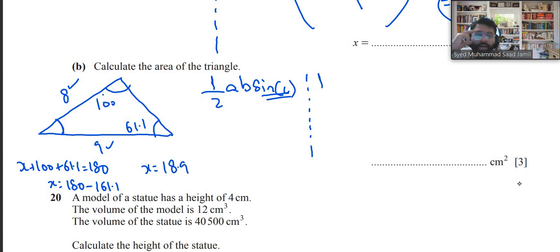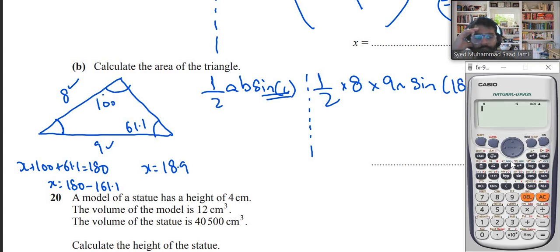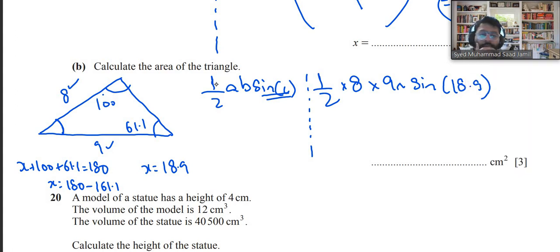So now I will say half multiplied by 9 multiplied by 8 multiplied by sine 18.9. So it's 11.66. So 11.66 will become 11.7.